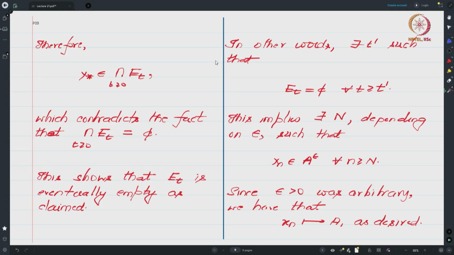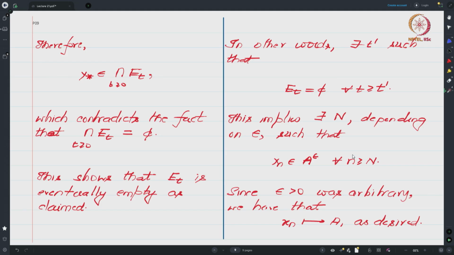And because these x t's are linear interpolations of your x n's, that allows us to conclude that there exists some n, depending on your choice of epsilon, such that x n belongs to A epsilon for all n bigger than or equal to that n, right.